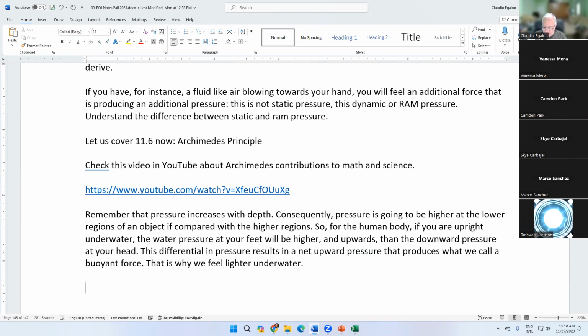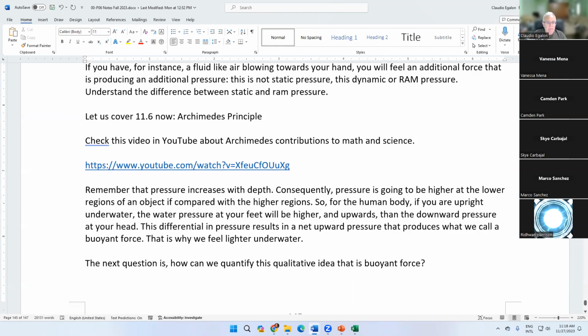How can we quantify this qualitative idea, that is buoyant force? Okay, there's a way to do that.